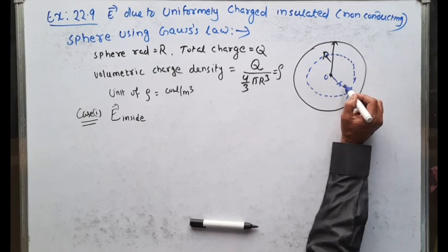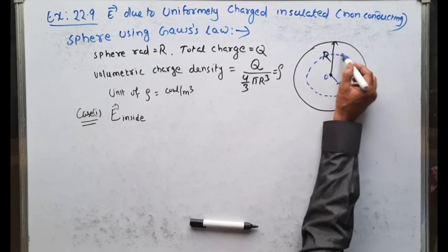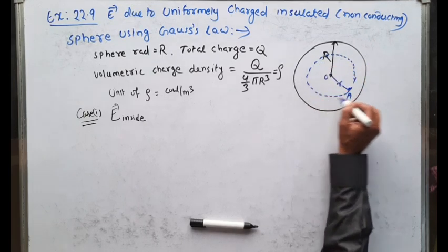Now we have to find the flux through this Gaussian surface.